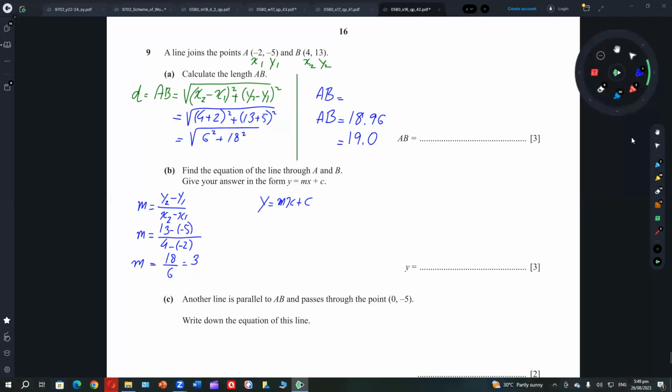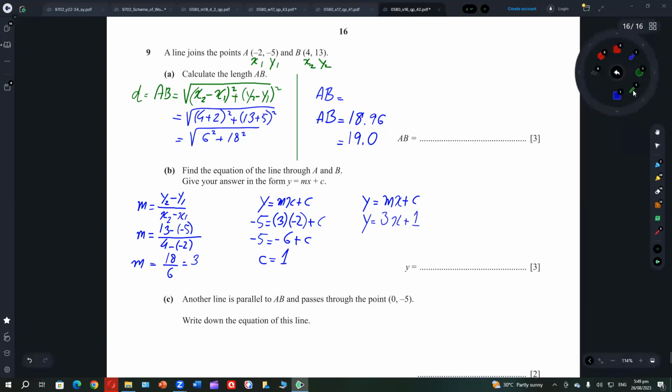We can put any point like -2, -5 to find C. So it's a common routine to find the C, y-intercept.